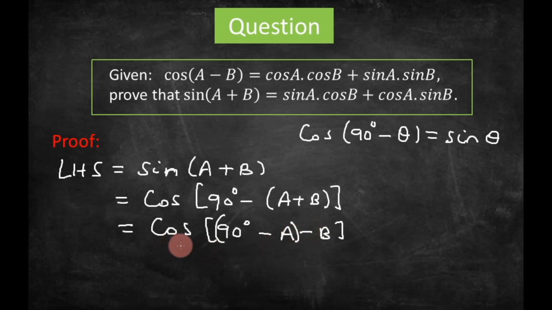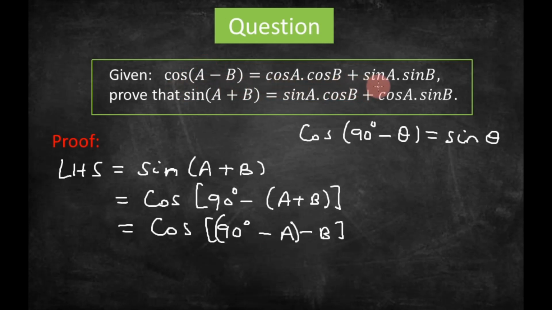Now, if you compare what we have over here with the cos expansion for a minus b, here we have 90 degrees minus a, which we can regard as one angle, minus b, and here we have a minus b. So the 90 degrees minus a basically takes the place of a in this expansion.